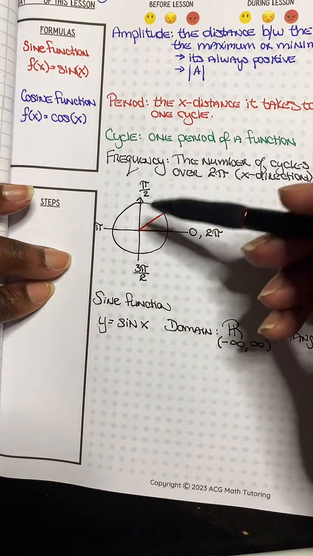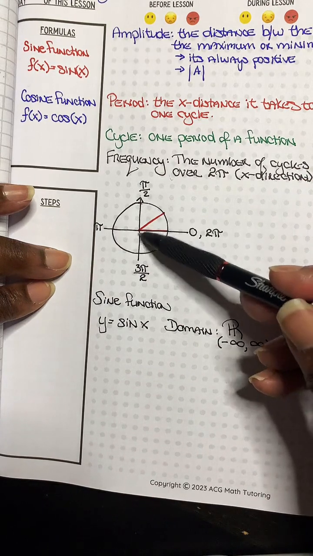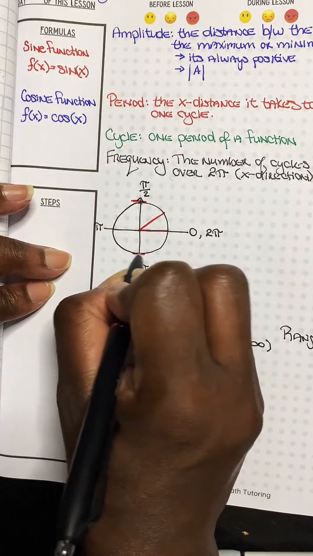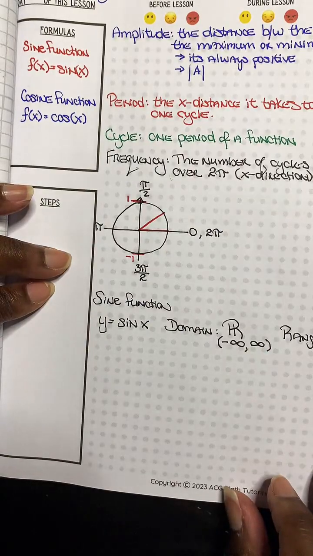So either we're dealing with positive numbers or we're dealing with negative numbers. But the height of it is always a length of 1.